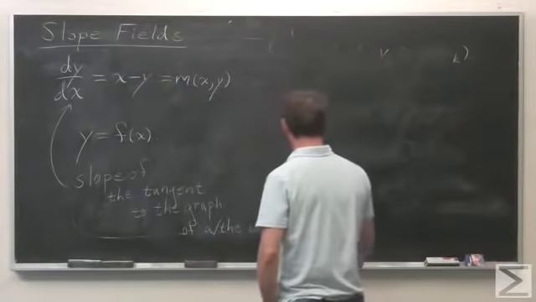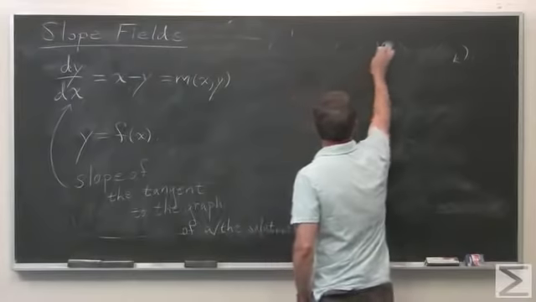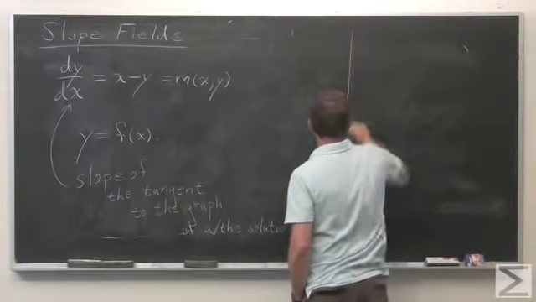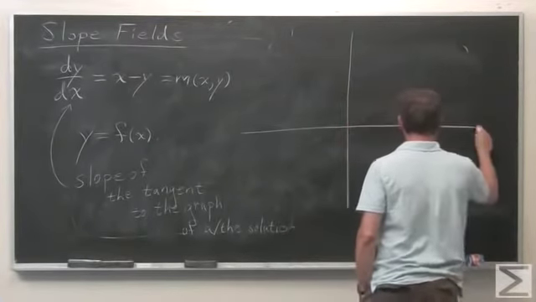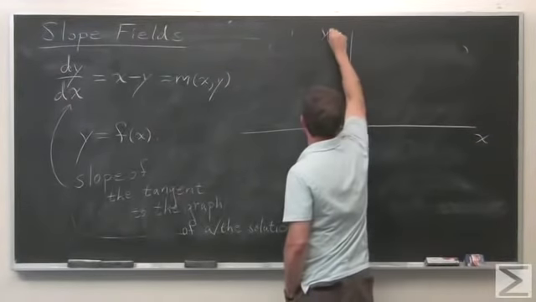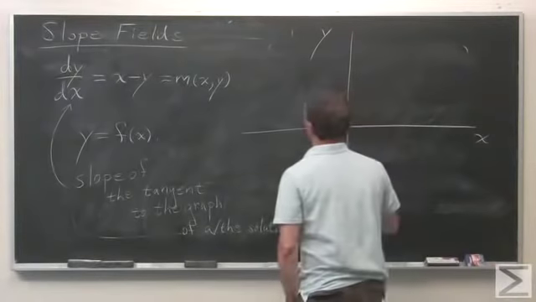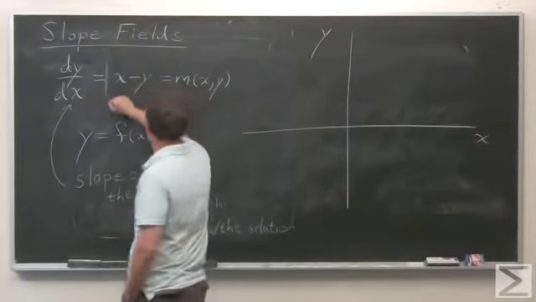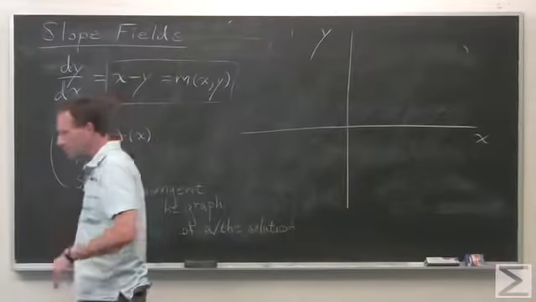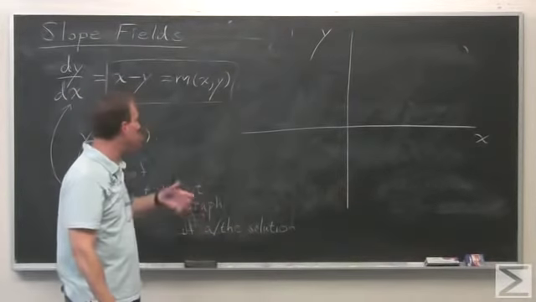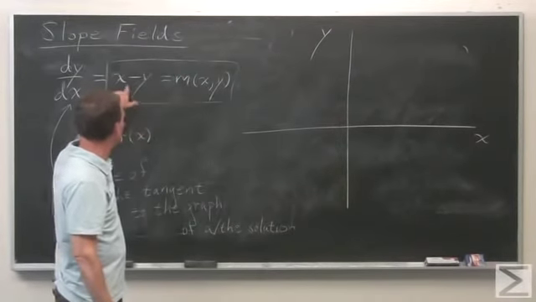So it's very rough, but let's look at this one. Of course you can have a computer draw lots and lots of little line segments, but our function is m of x, y equals x minus y. At a bunch of x, y pairs, I want to draw line segments that have this slope.